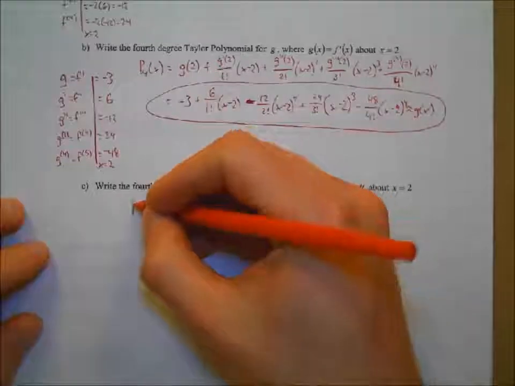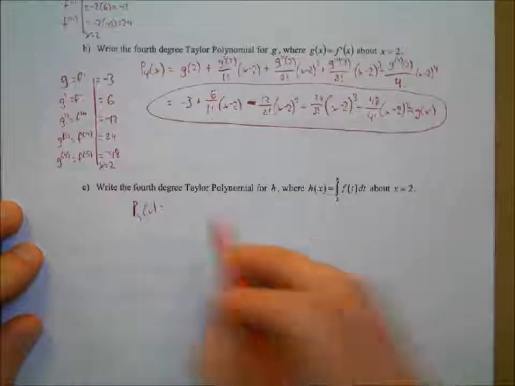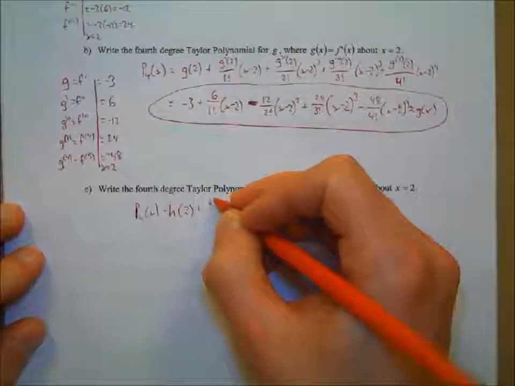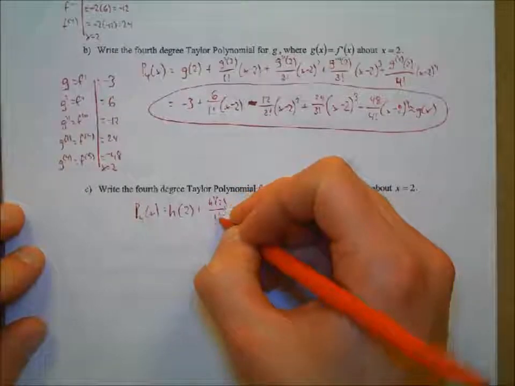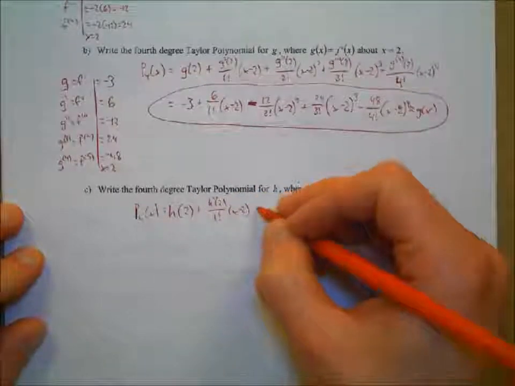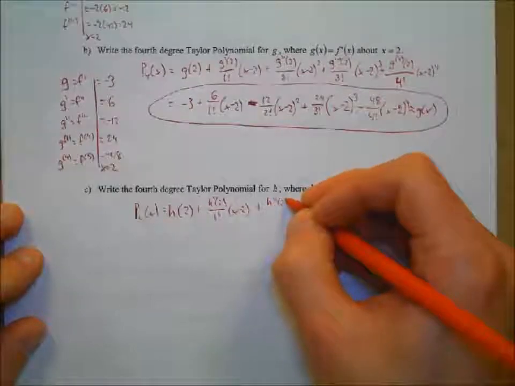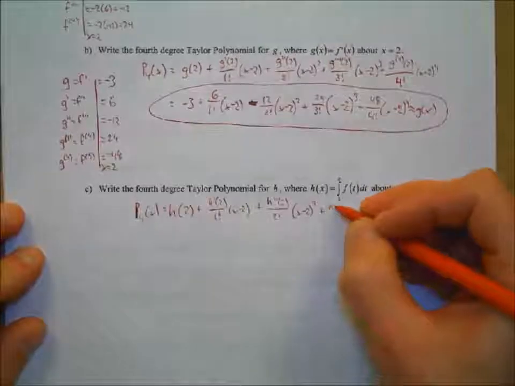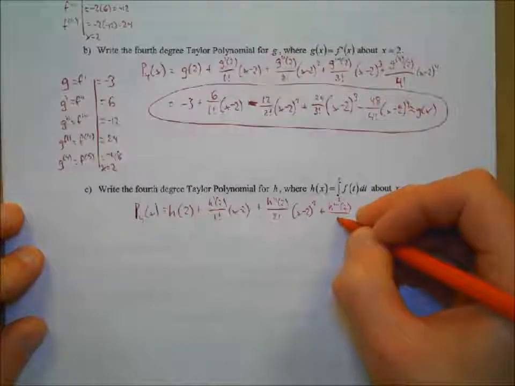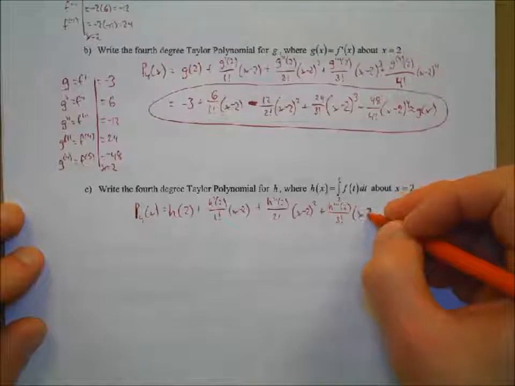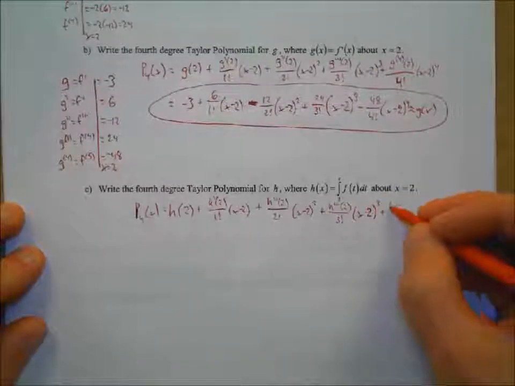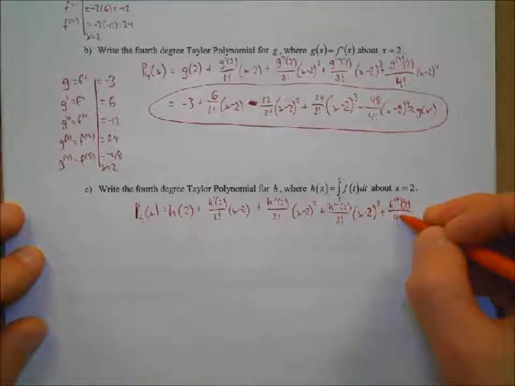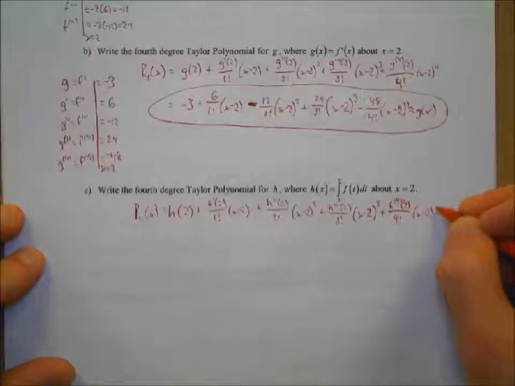So the fourth degree Taylor polynomial for h is going to be h of 2, plus h prime of 2 over 1 factorial times (x minus 2), plus h double prime of 2 over 2 factorial times (x minus 2) squared, plus h triple prime of 2 over 3 factorial times (x minus 2) to the third, and the fourth derivative of h at 2 over 4 factorial times (x minus 2) to the 4th.